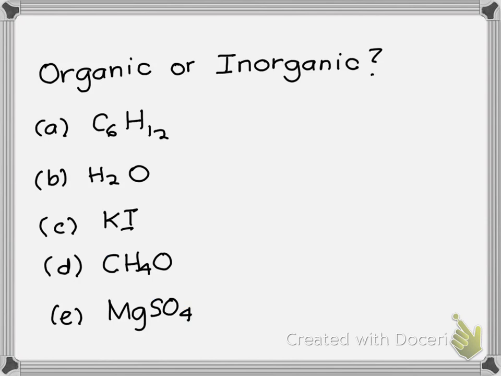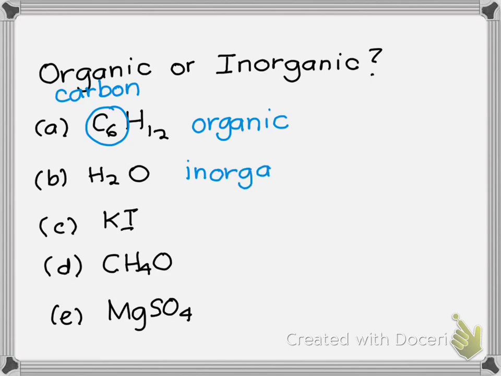So looking at these formulas, let's identify if something's organic or inorganic. And remember, we're looking for the element carbon. So letter A would be organic. Now H2O is water, and we may fall back on the misconception that organic means that it's found in nature.